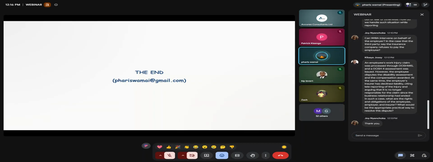So it's for you now to follow up through the court process, and it's the court that is going to determine, between the DOSH approved doctor's reports and the DOSH compensation certificate, and the claim of the insurer, who is in the wrong and who is in the right, and if those payments need to be processed.